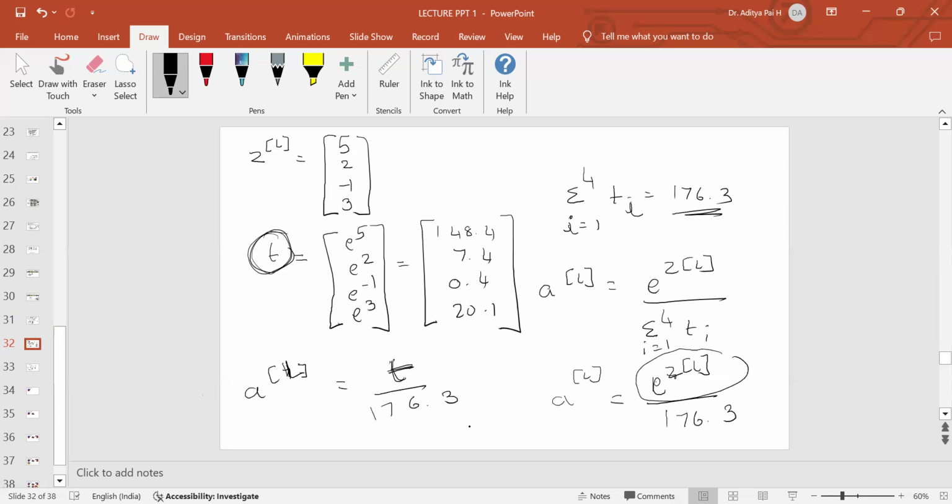Now this T we have to take one by one. The T values are e power 5, e power 2, e power minus 1, and e power 3. All four values together we have mentioned as T here.